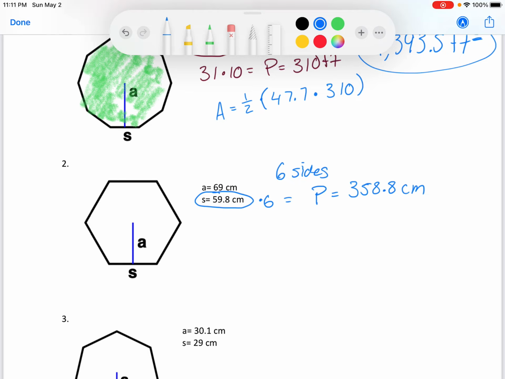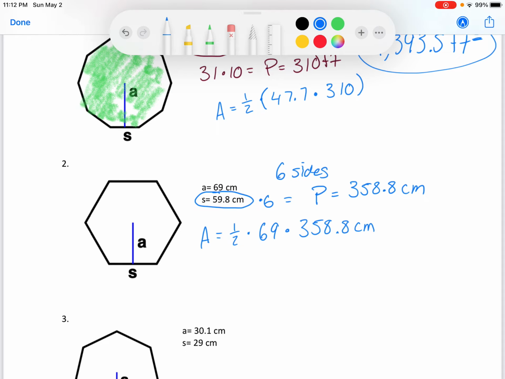So now we have all of our necessary measurements. We are going to plug them into our formula. So area of this figure is going to equal 1/2 times 69 times 358.8 centimeters.